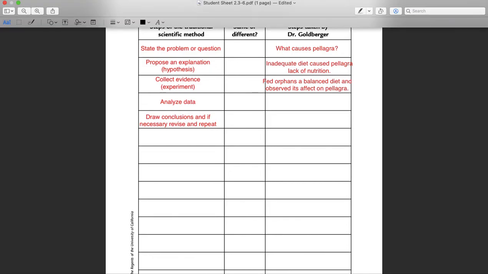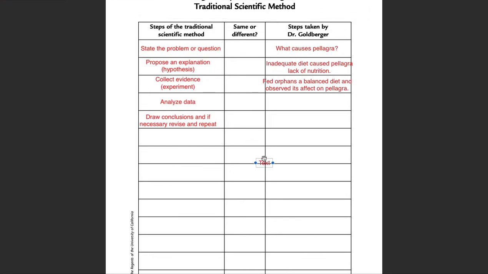While conducting this clinical trial, was he able to collect data? Was he able to analyze data about the orphans? Of course he was. Dr. Goldberger recorded and analyzed data about the orphans.